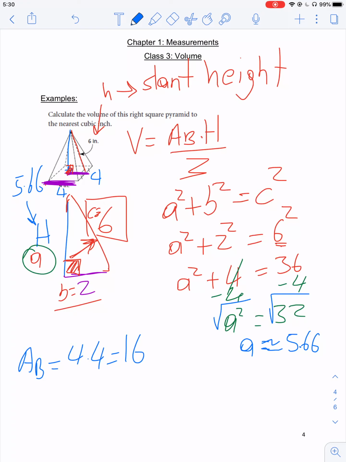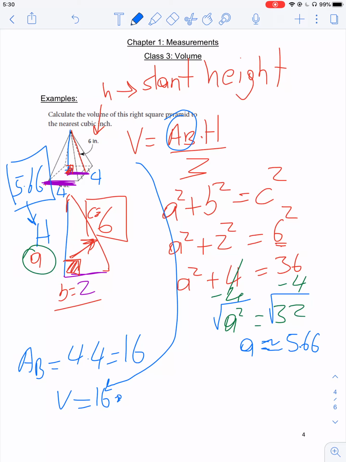Now to get the volume, I'm going to use that formula. The area of the base is 16 times my height, which I calculated using the Pythagorean theorem, is 5.66.